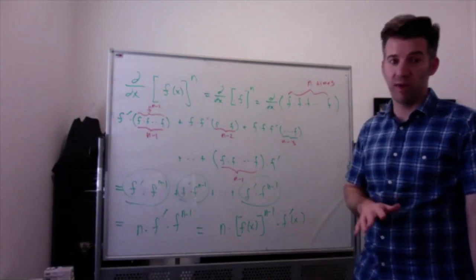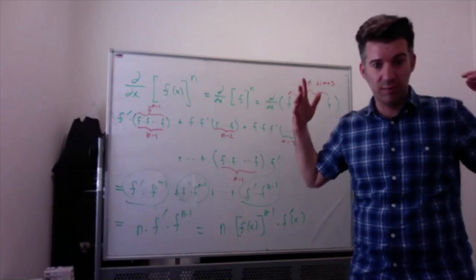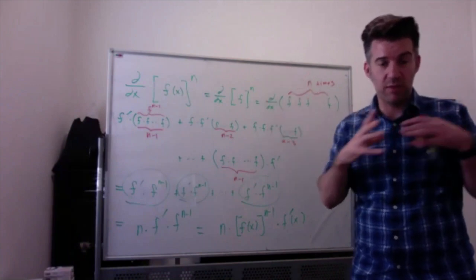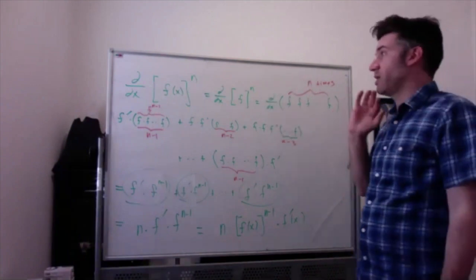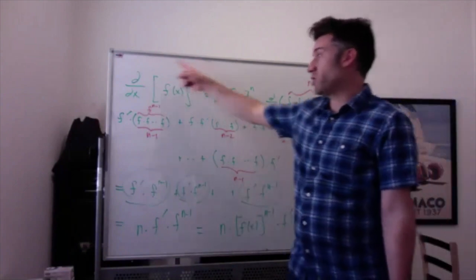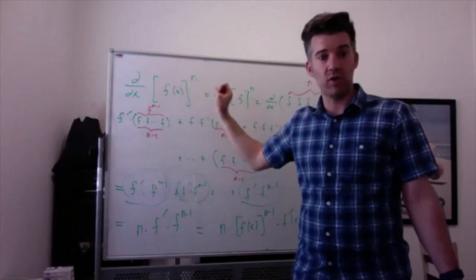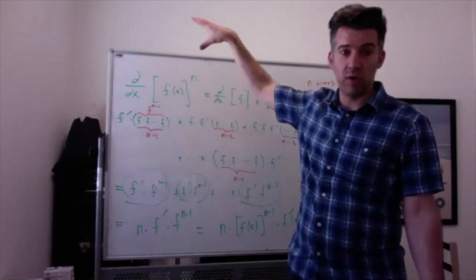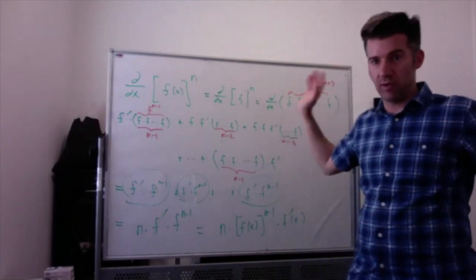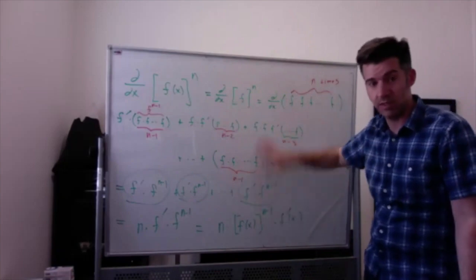That's the general idea of the chain rule: you differentiate the outside function, leave the insides alone, and multiply with the derivative of the insides. The only thing that gets more complicated is that your outer function isn't always just some power of your inner function. It could be sine of your function, or e to the your function, or anything can be the outer function. It doesn't have to be raised to a power. But we start with raised to a power because it's kind of easy to do this.